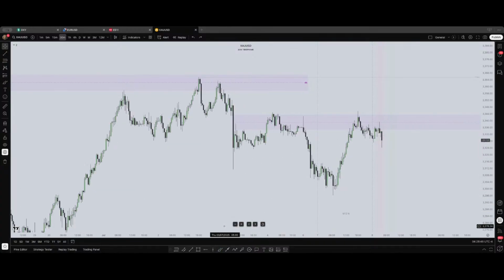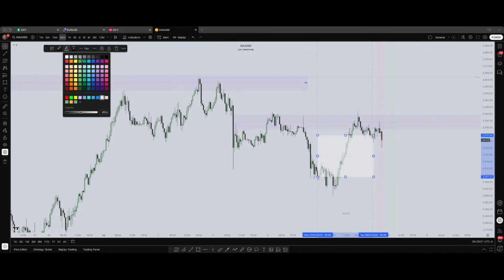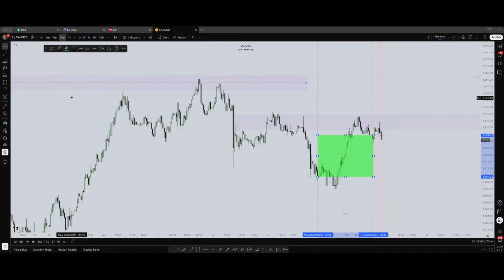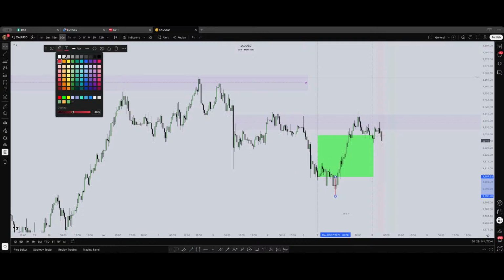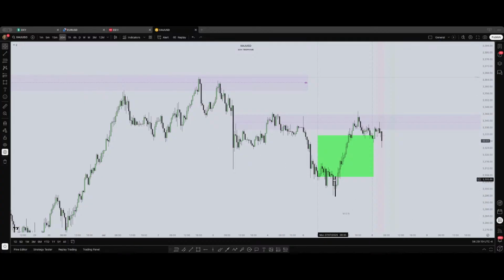Power of 3 is basically the formation of a candle. Price opened here and closed here yesterday. And manipulation was until here. Let me do it differently.